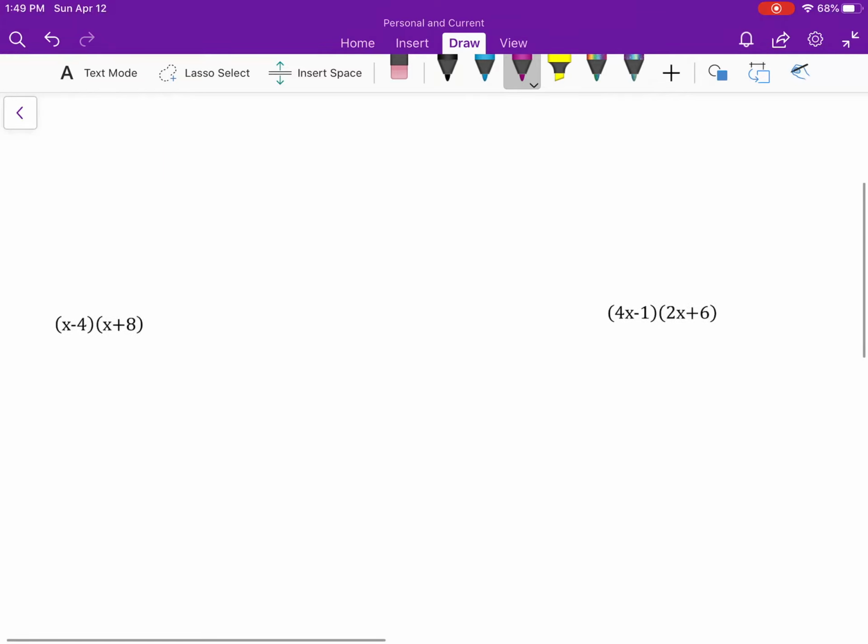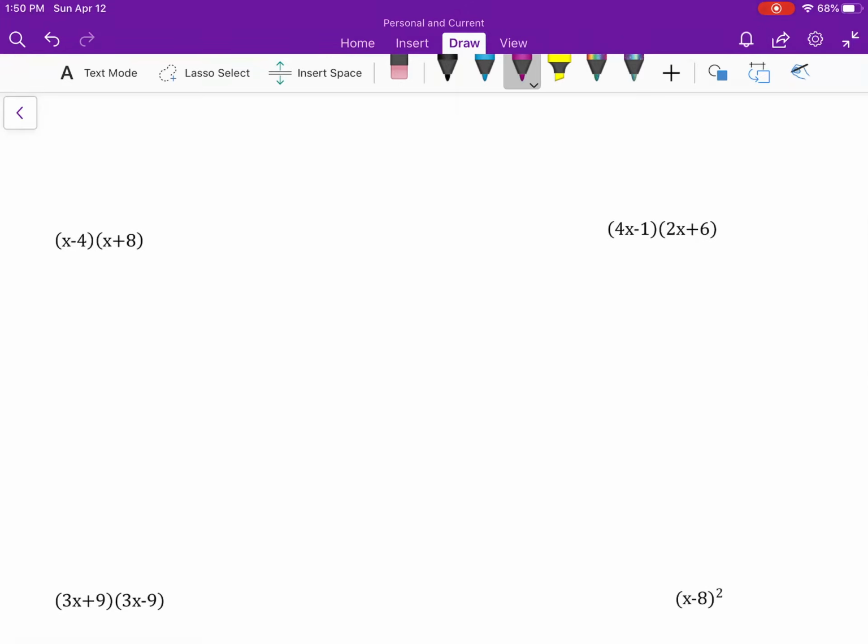Now let's look at a couple of examples using FOIL. We have x minus 4 times x plus 8. First, x squared. Outside, x times 8 gives you plus 8x.